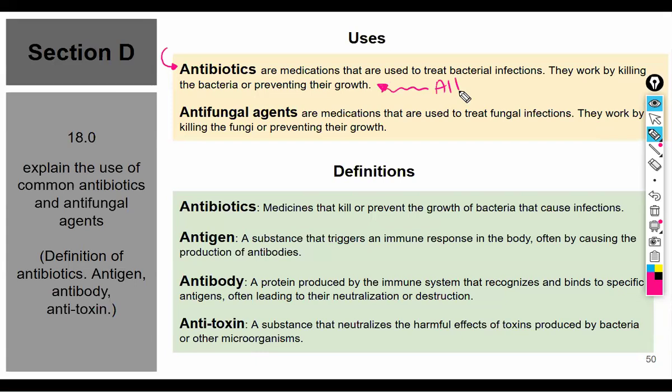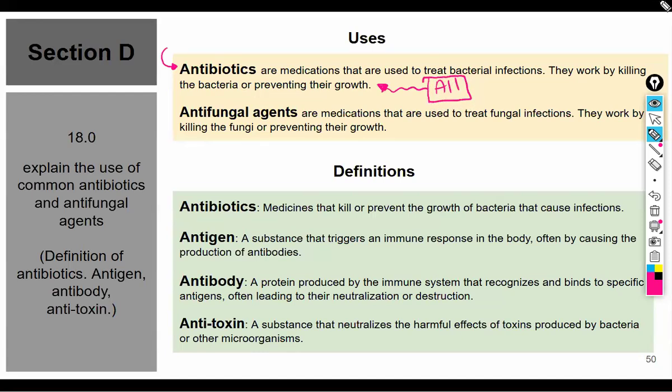So that tablet you're taking, it's like you have a murderer on the loose in a crowd, but you don't know who the murderer is. So instead of looking for the murderer, you just say, I'll just kill everybody. That is how antibiotics work. It's crazy, right?